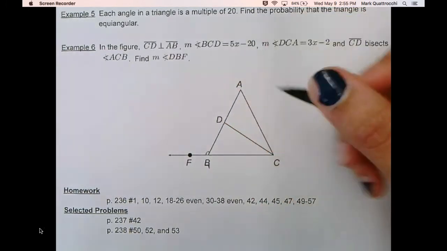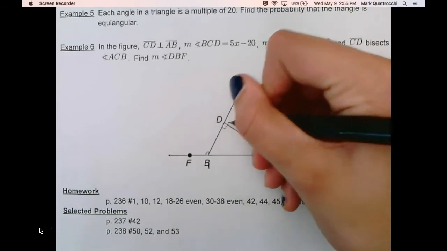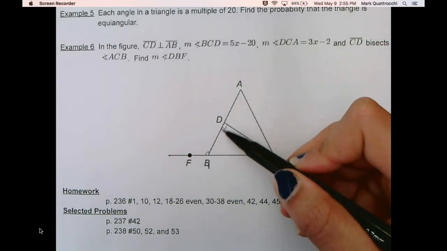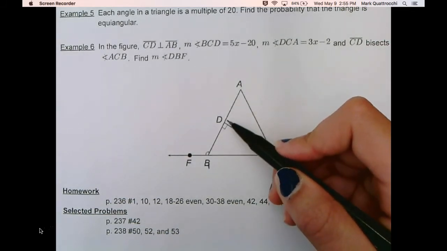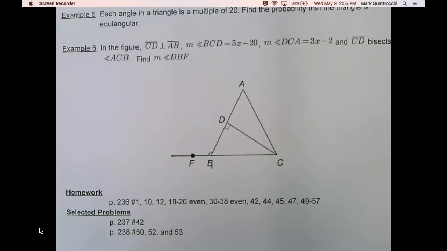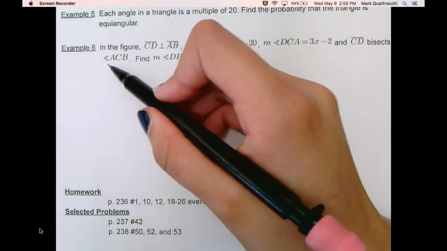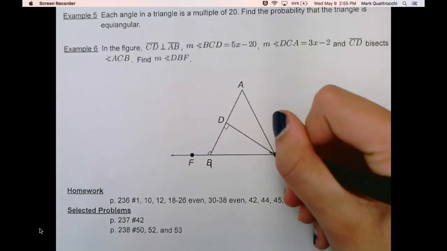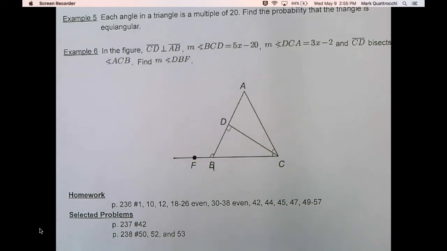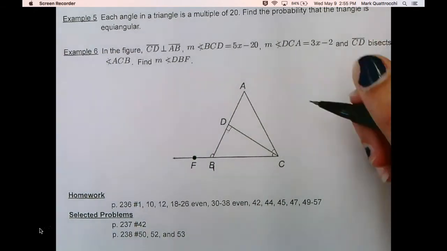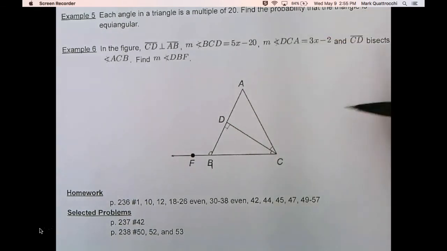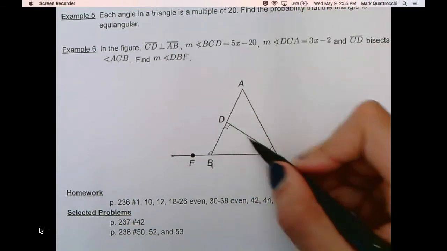So knowing this information, we know that this segment and this segment form two right angles right here. And knowing this information right here, we know that these two angles are congruent. But first, we can solve for x knowing that this is a right angle.